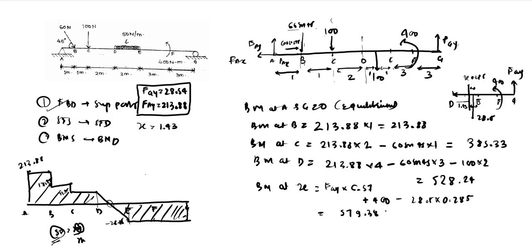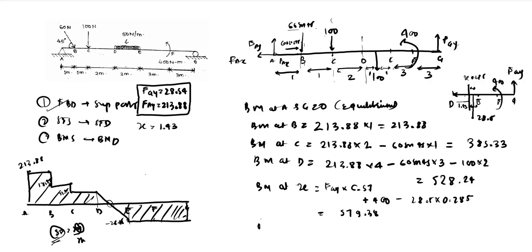As you can see, it is coming out to be the maximum till now, which we have calculated. It is the maximum most amount of bending moment. So let us see if you are getting a value more than this, because we should not get a value more than this. The shear force is going 0 at this particular point, so bending moment should be measured at this point.